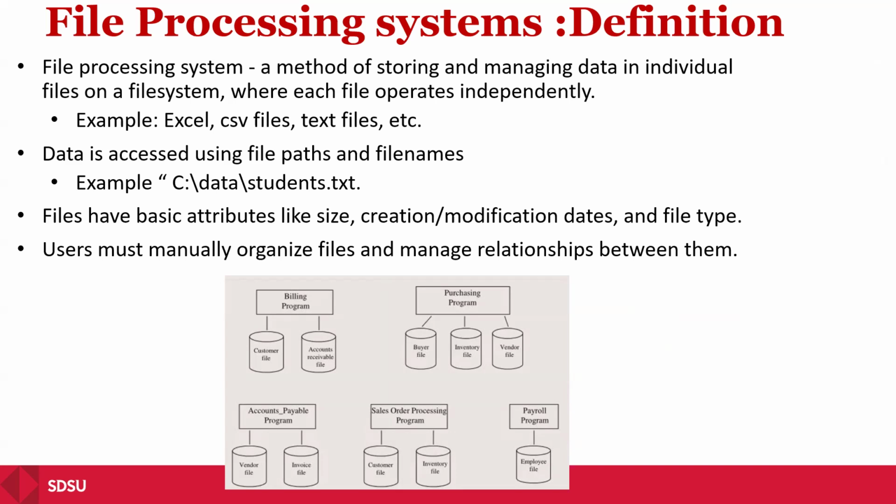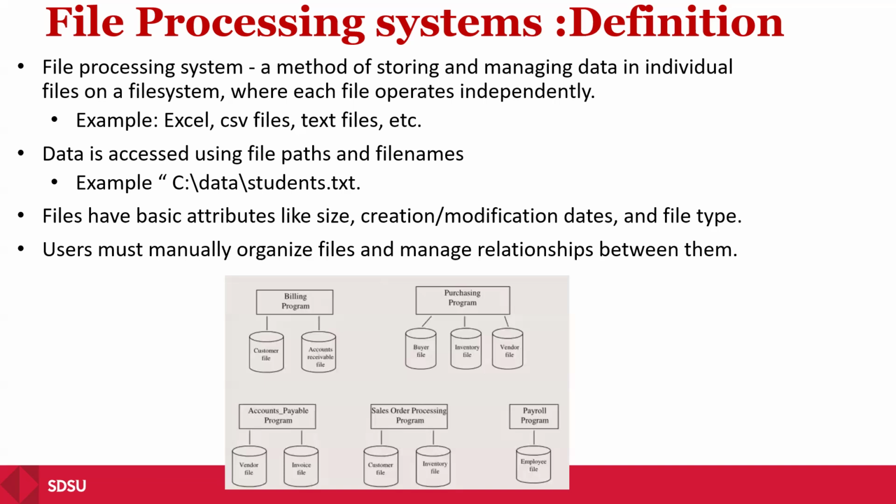So, the way we access the data from the file processing system, we need to know the path. So, for example, it can be stored on C drive. In data folder, we can have student text files. So, files have attributes. Remember what attributes are?